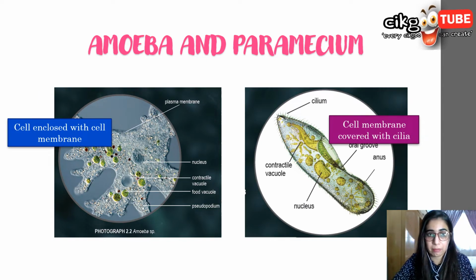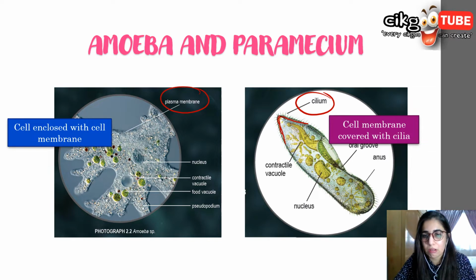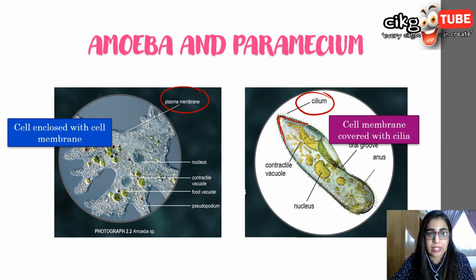Both have a plasma membrane, or cell membrane, we call it. Paramecium also has it, but they have cilia. Cilia are like false feet; they help in locomotion. And this is the cell membrane for amoeba, which has the same function: it allows substances to move in and move out.